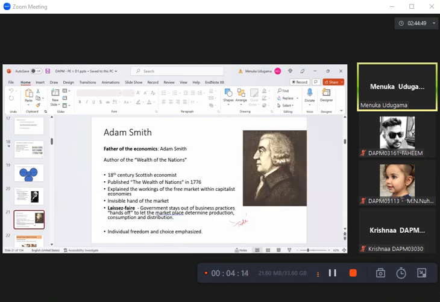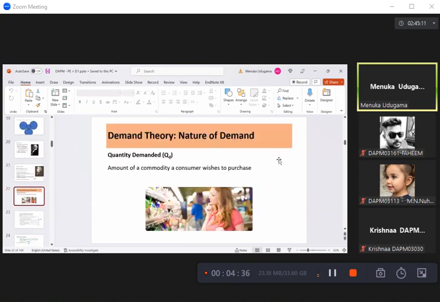Then Adam Smith is the father of economics, and he wrote the book The Wealth of Nations, which talked about how the government should stay out of business and let the market forces, the demand and supply forces, determine the price in the market. That's the gist of the theory.